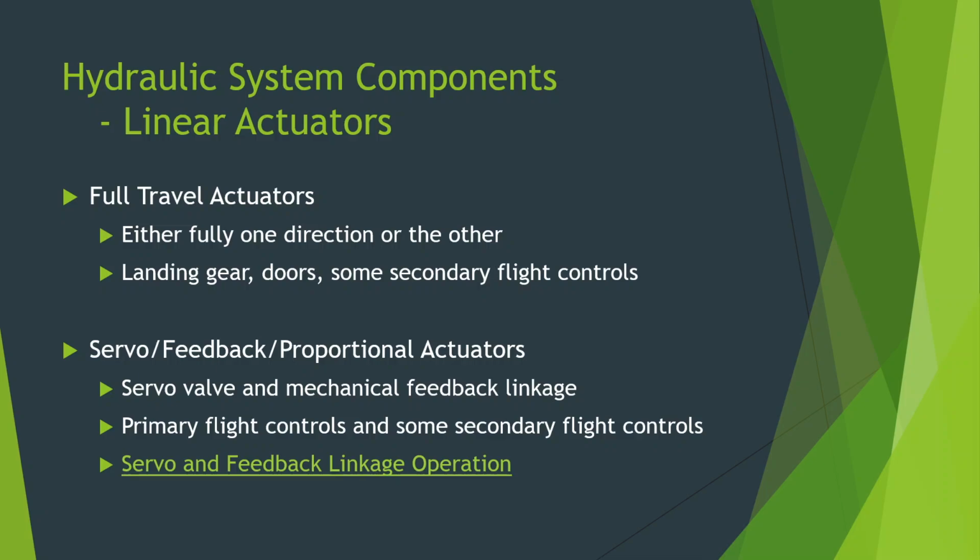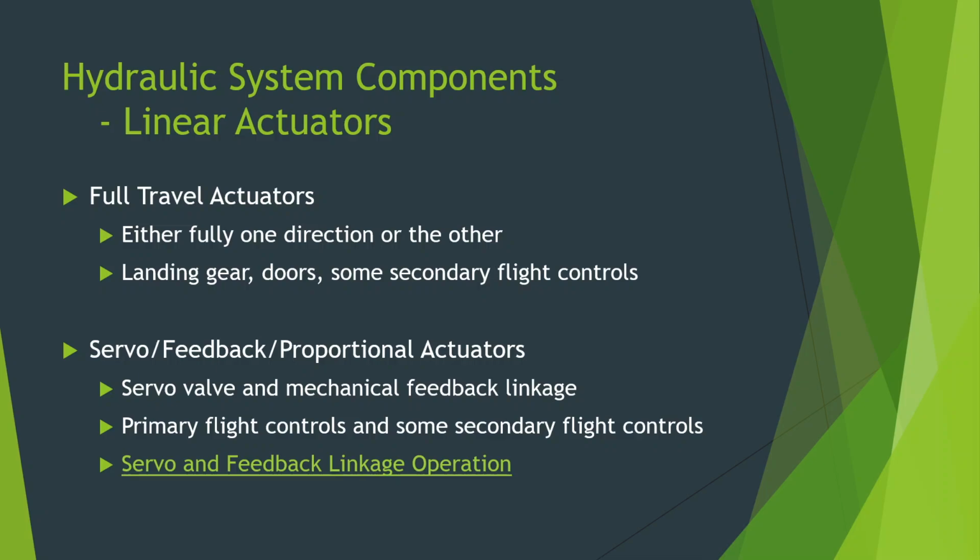Actuators also can operate in two manners. Linear actuators can operate in two manners of whether they are what's called a full travel actuator or a partial travel, also known as a servo, a feedback, or a proportional actuator. Those three terms are pretty interchangeable.